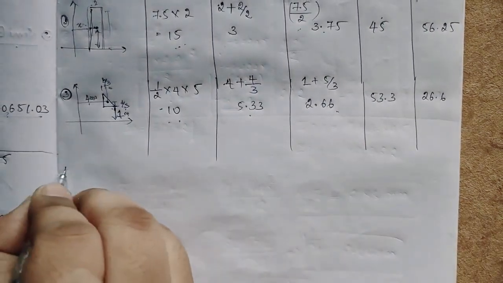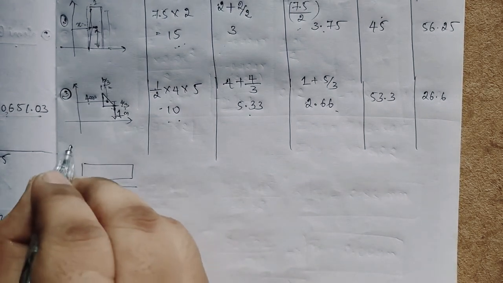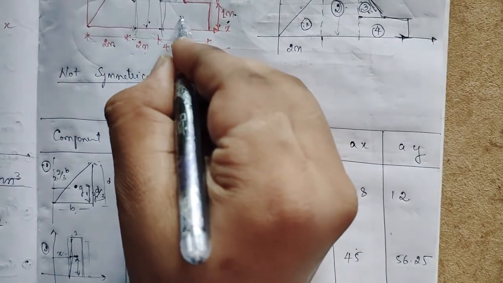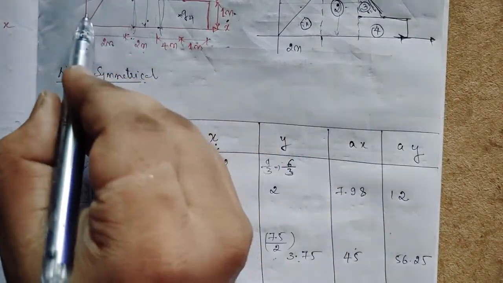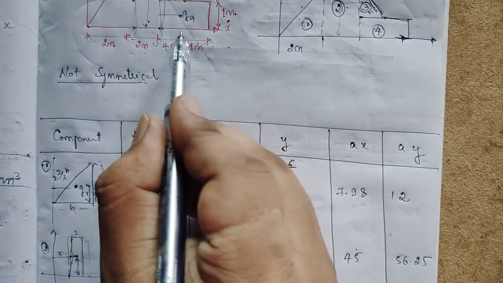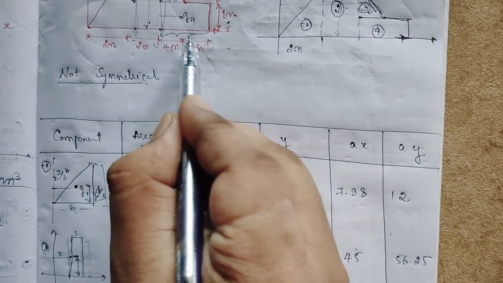The next component is a rectangle, here. So G4. Till here it is 4 meter, right? 4 plus this 4 by 2, so this full is 5 meter now.